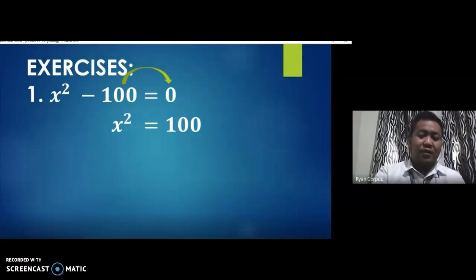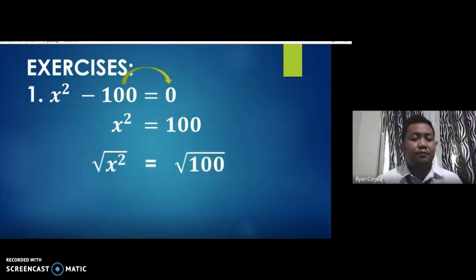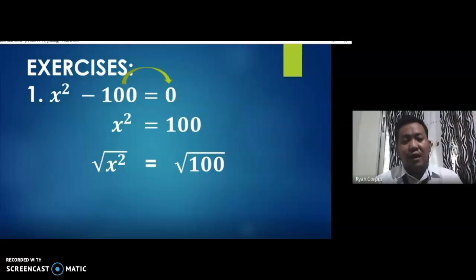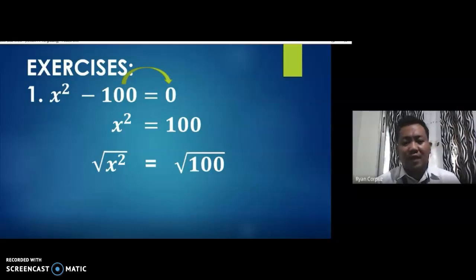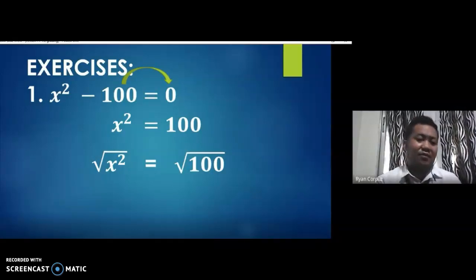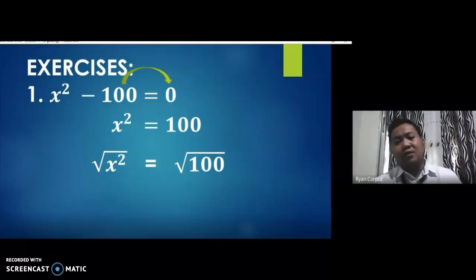So the next thing we are going to do is to get the square root of both sides. That's according to the steps. So we are going to get the square root of both sides of the equation. As I was saying earlier, whatever you do on one side, you will also do on the other side. So if you get the square root of x squared, you will also get the square root of 100.